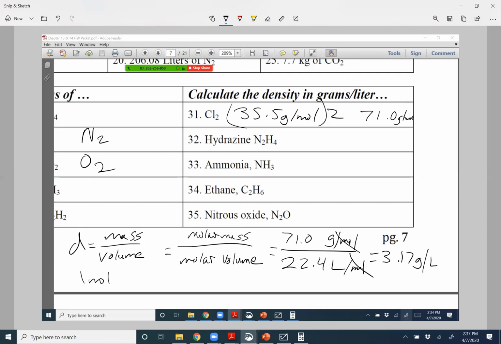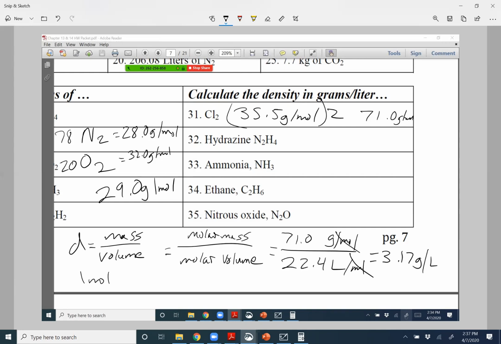Nitrogen is 28 grams per mole, and oxygen is 32 grams per mole. But this is like 78%, and this is like 20%. So let's just say the average air is 29 grams per mole. Some people say 30, some people say 20. Let's just say air's molar mass is about 29 grams per mole.